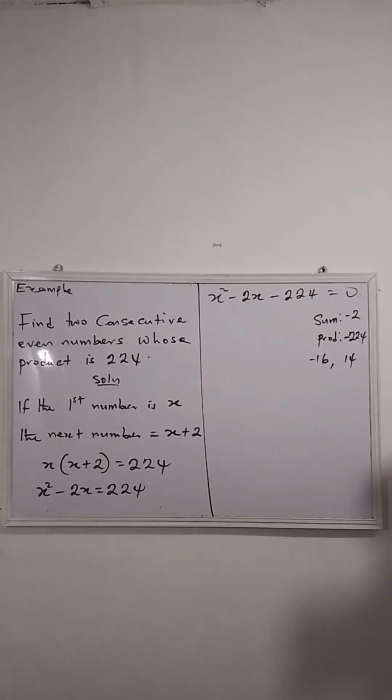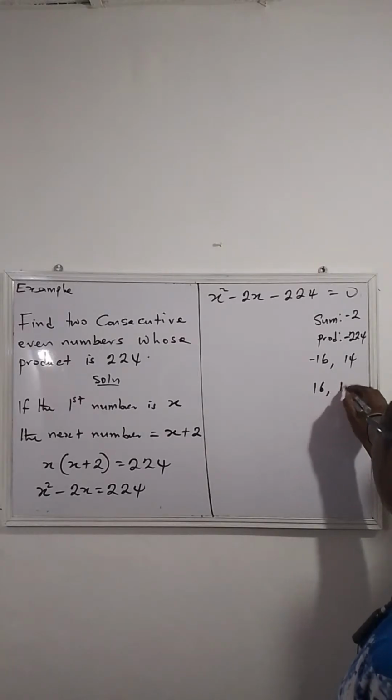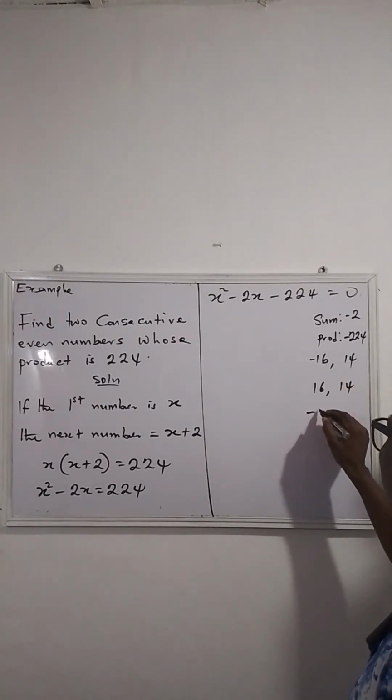I can see 14 and 16. I can also see minus 14 and minus 16. Riscott, you have 14 and 16. Now, let's look at what some of us gave here.